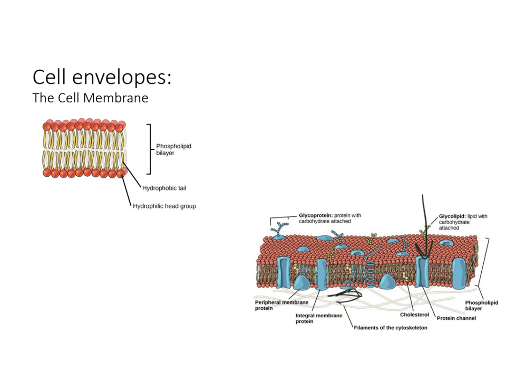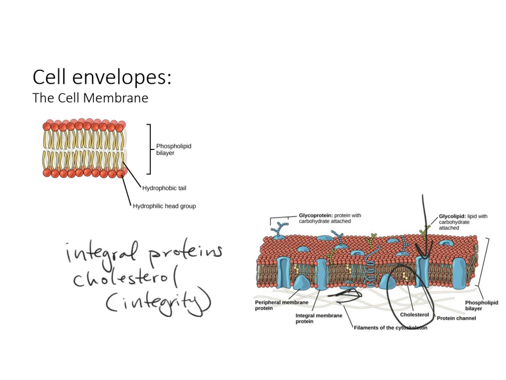Another really critical component of cell membranes is cholesterol, which we know of more from getting your LDL and HDL checked. But in cell membranes, cholesterol is really important because it maintains its integrity and keeps the membrane from melting when it gets too hot. So let's just write that out over here. And the final thing I want to say about membranes is that they are what we call a fluid mosaic.